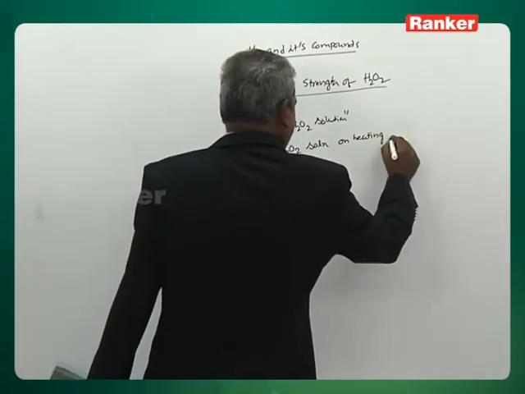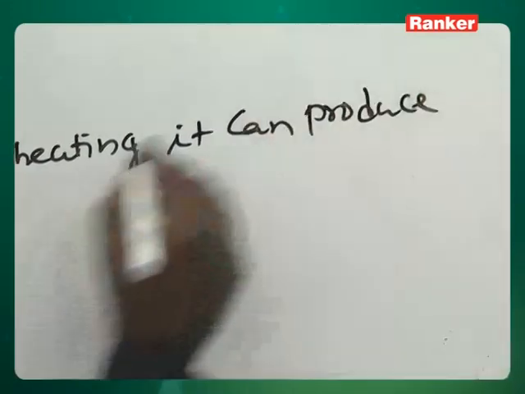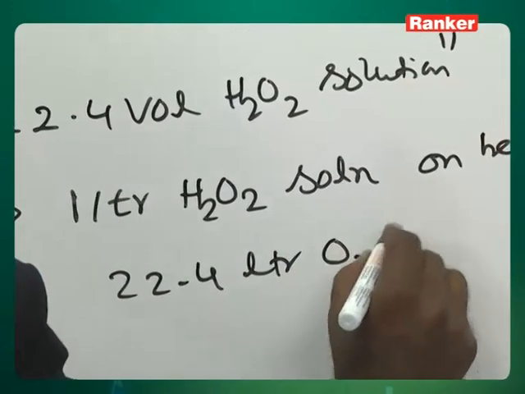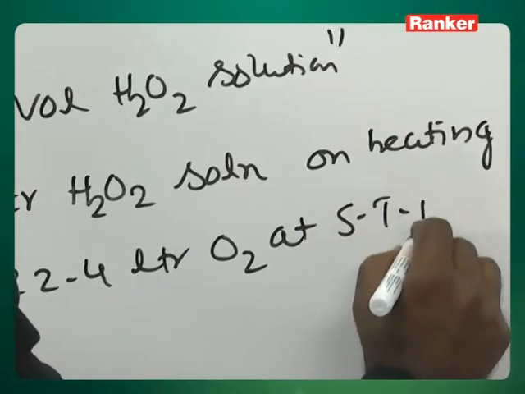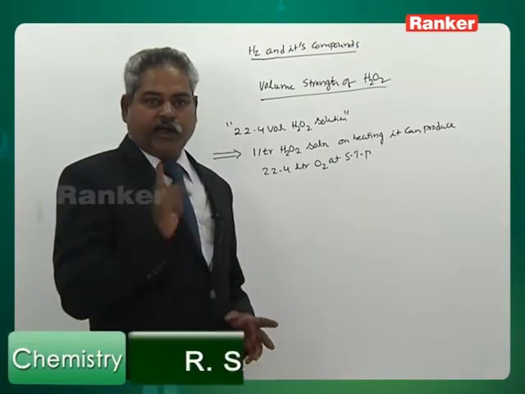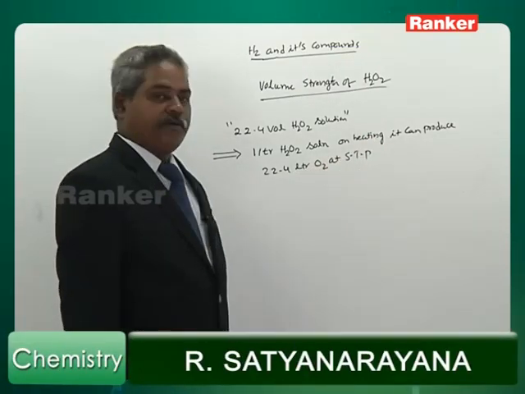On heating, it can produce 22.4 liter oxygen at STP. This is the meaning of that. What do you mean by 22.4 volume? You take 1 liter, you heat it, you get 22.4 liter oxygen at STP.